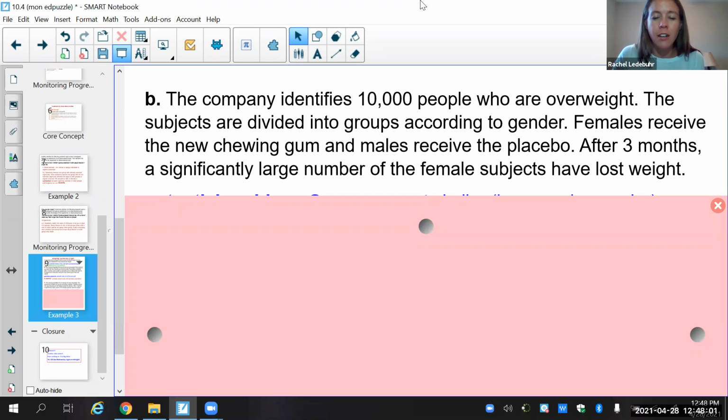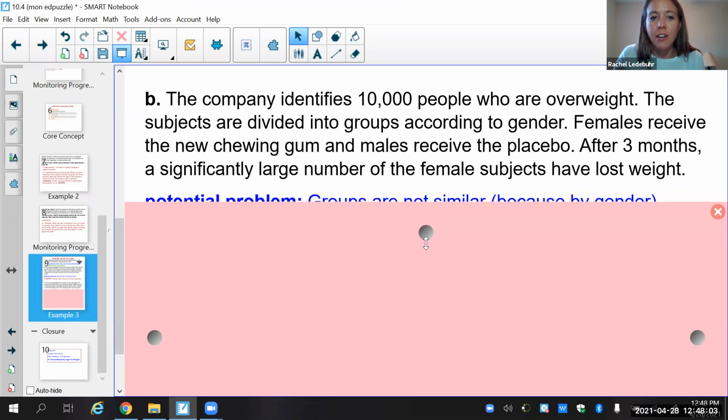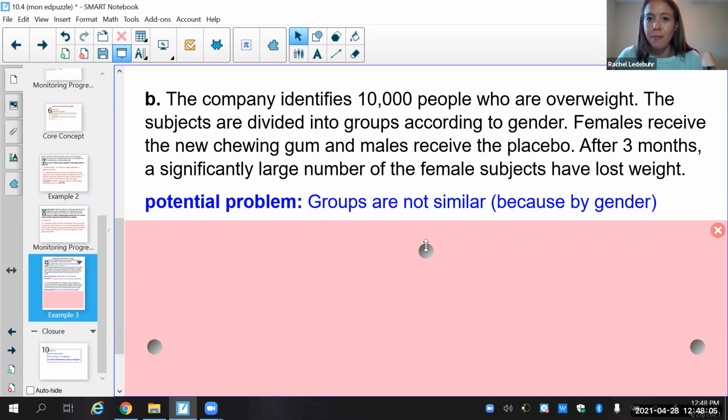What's the problem here? The problem here is that our groups are not similar. If we gave all of the females the chewing gum and all of the males the placebo, we can't compare that. We can't make a conclusion because the groups are not similar.